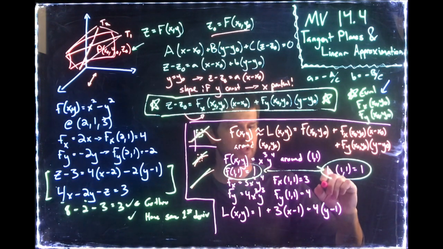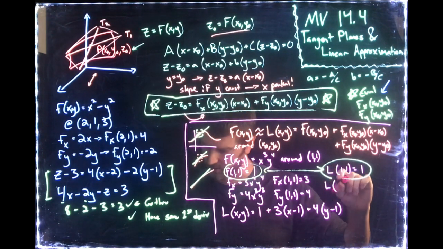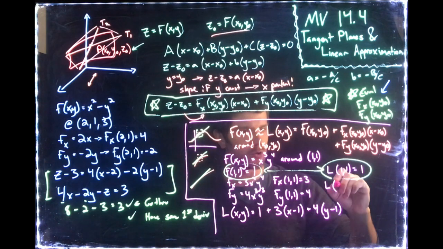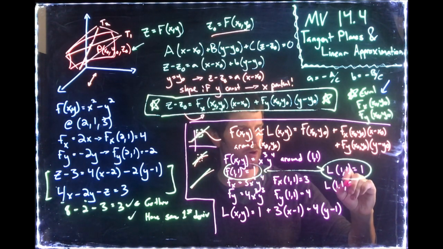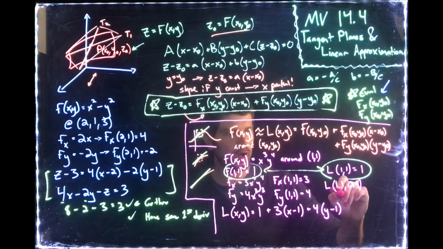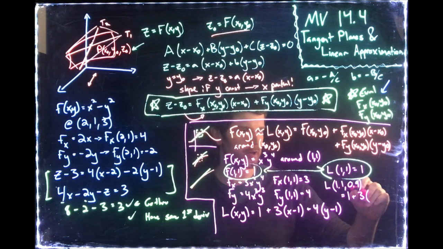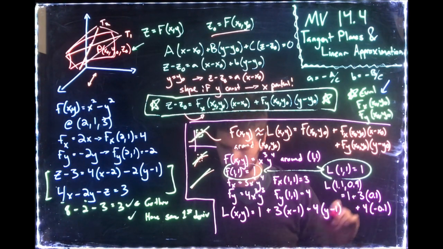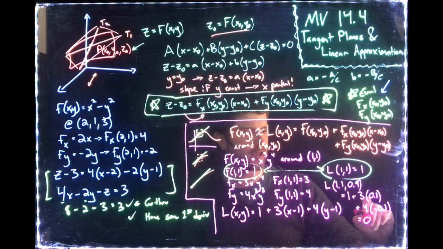And if we use this linearization to approximate, let's say, very close to that, so what's L of 1.1, 0.9? Well, we're going to get 1 plus 3 times, okay, 1.1 minus 1 is 0.1, plus 4 times negative 0.1. And we end up approximating that as 0.9.